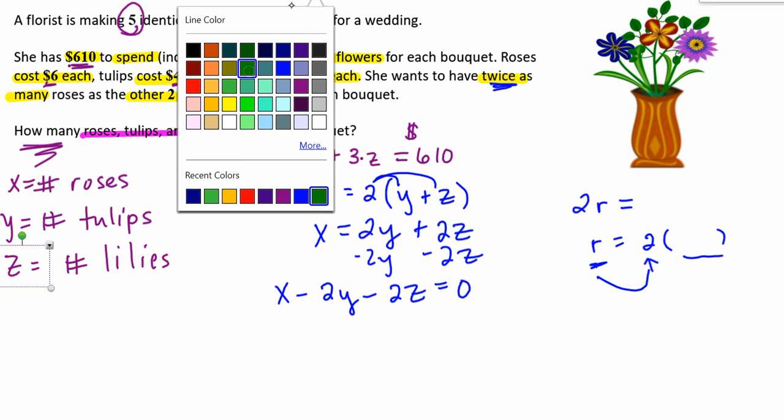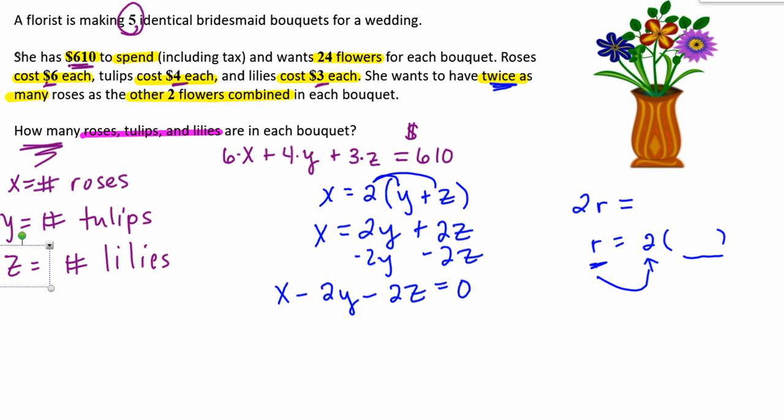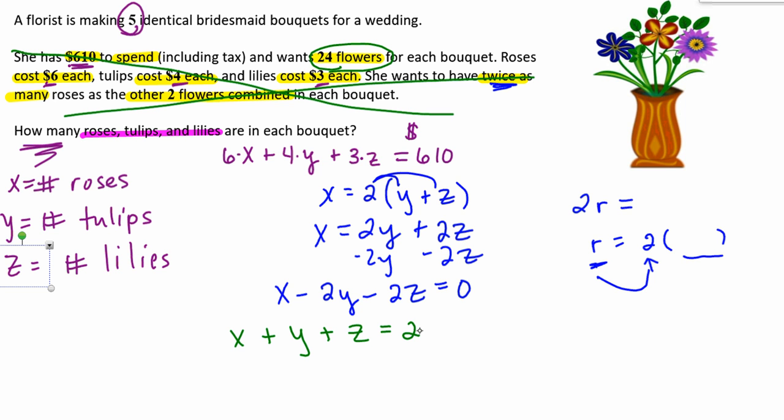So let's read through everything that we haven't talked about yet. We've gone through basically this whole thing, right? Oh, except for this number right there. 24 flowers for each bouquet. So could I say that the number of roses plus the number of tulips plus the number of lilies equals 24? What do you guys think? Well, if I said $6 per rose, $4 per tulip, and $3 per lily, 24 total, is that going to give me $610?